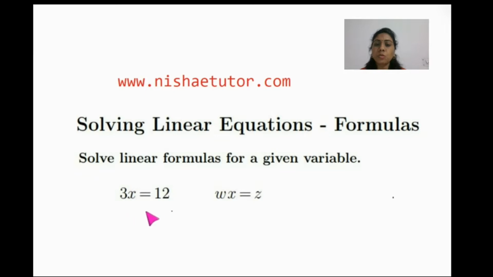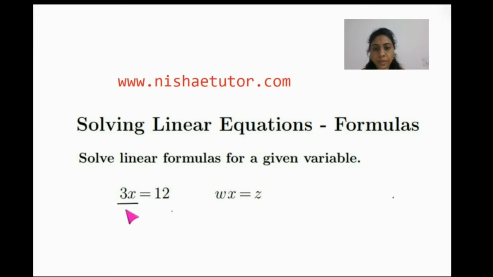Here I am taking two equations, 3x = 12 and wx = z. In the first, we have the numbers 3 and 12 and we have to solve for x. In the second, w and z are just like numbers and we solve for x. Here 3 is multiplying with x and w is multiplying with x.